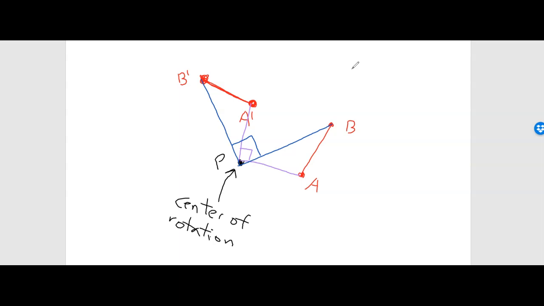Now you could quickly see if I had a very complicated figure up here, I would have a bunch of segments all over the place. But as long as I just matched up corresponding segments and continued to follow this process, I would come up with a new figure that looks exactly the same as the old one, just rotated around that center of rotation.